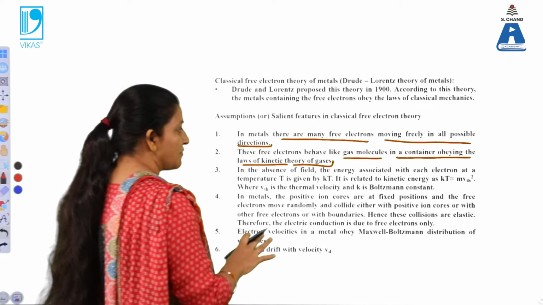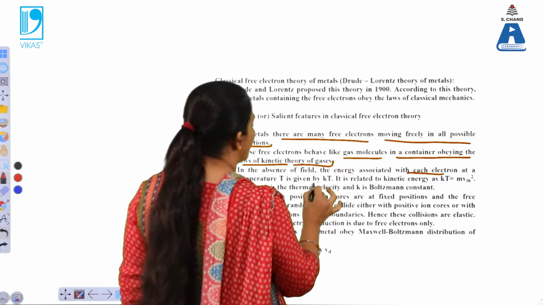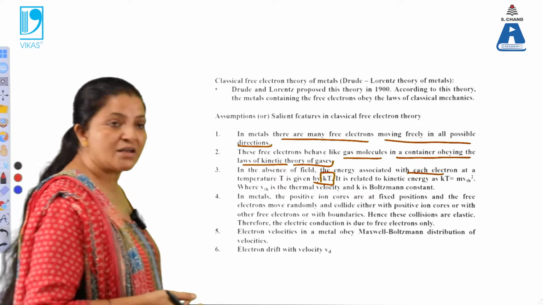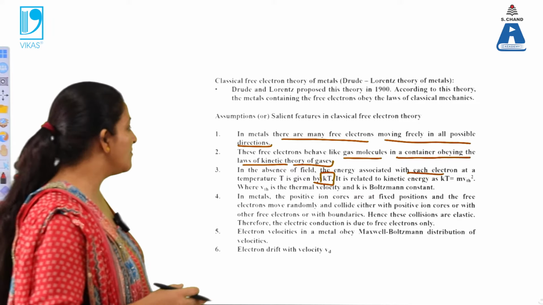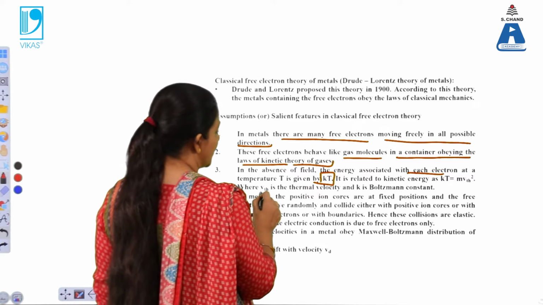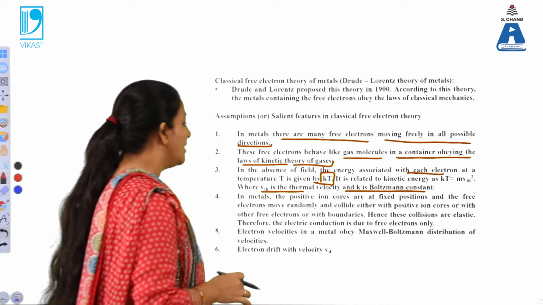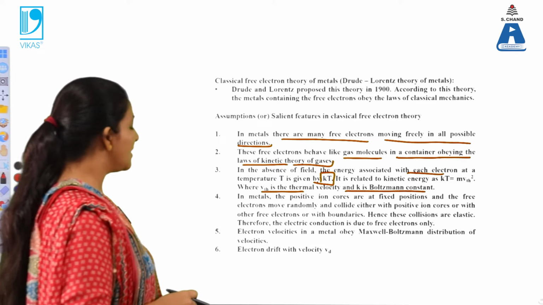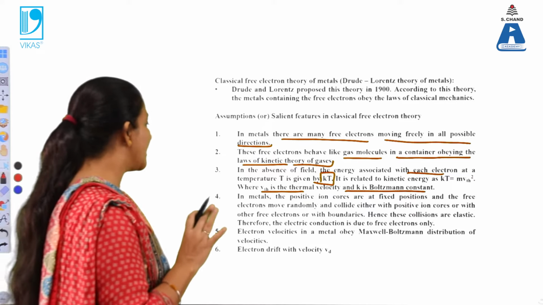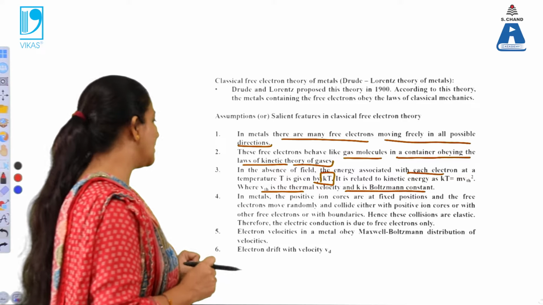Then, in the absence of a field, the energy associated with each electron at a given point is given by kT, and it is related to the kinetic energy of the particle, which equals half m v_th squared, where v_th is the thermal velocity of the electron and k is the Boltzmann constant. The fourth assumption is that in metals the positive ion cores are fixed, and the free electrons move randomly.